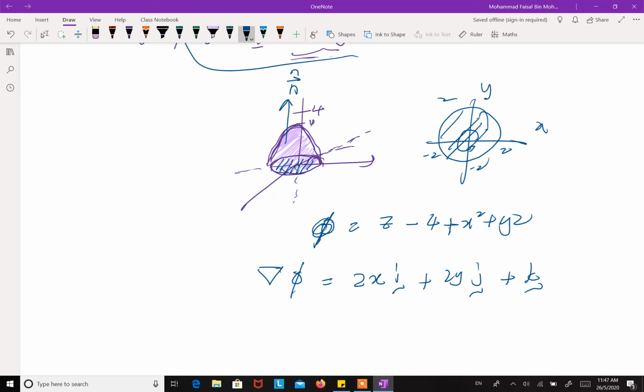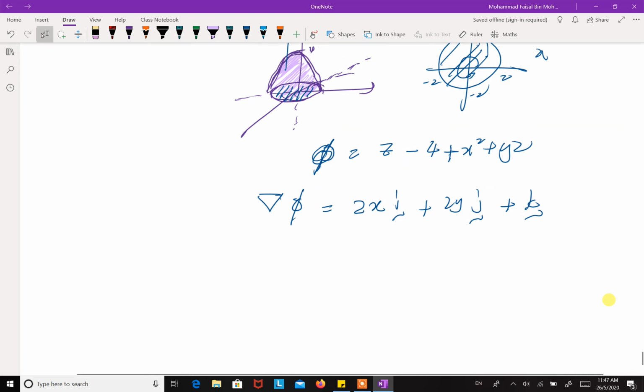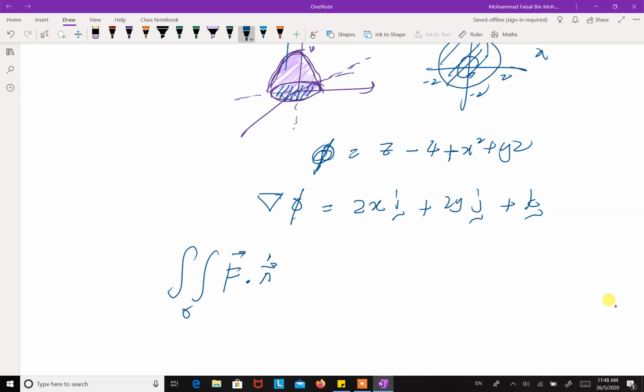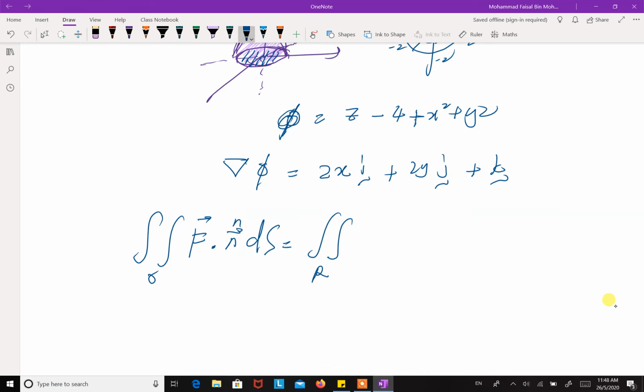So we have to evaluate the double integral of f dot n cap ds. Let's say I put R, and then I have the function 2x, 2y, 3z.